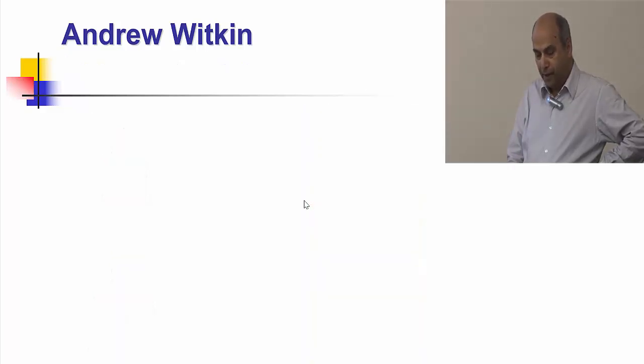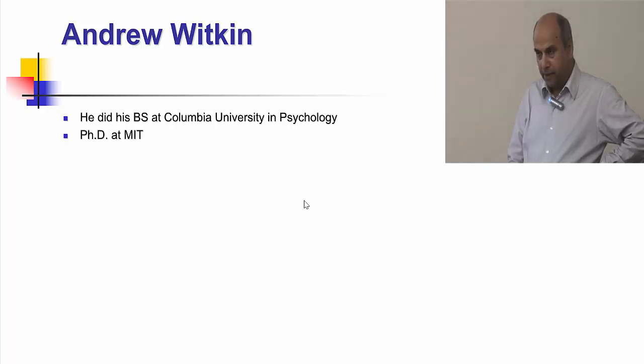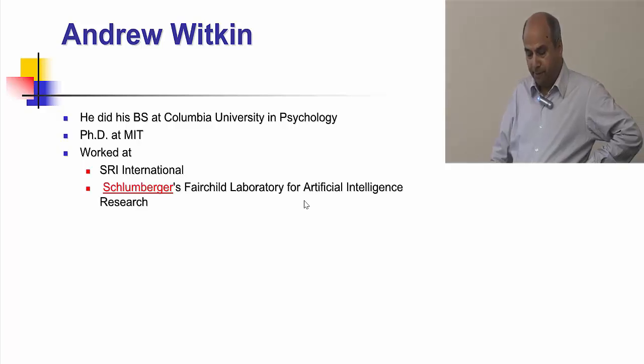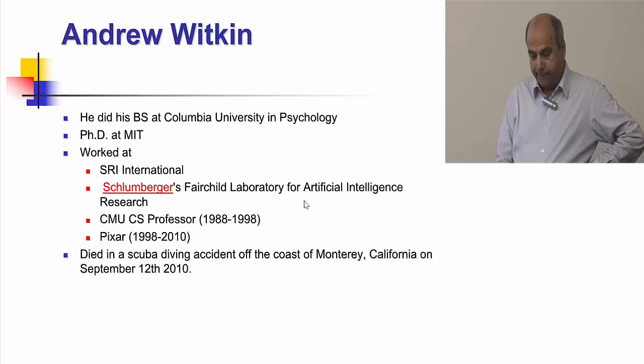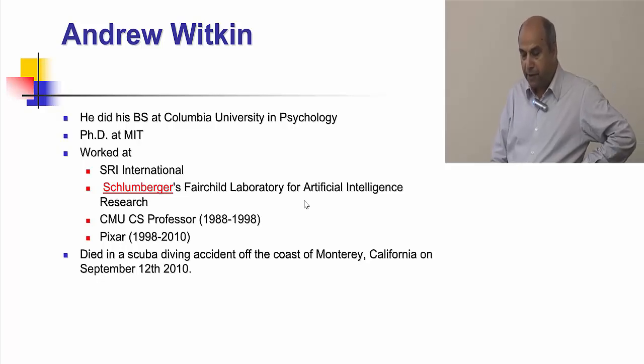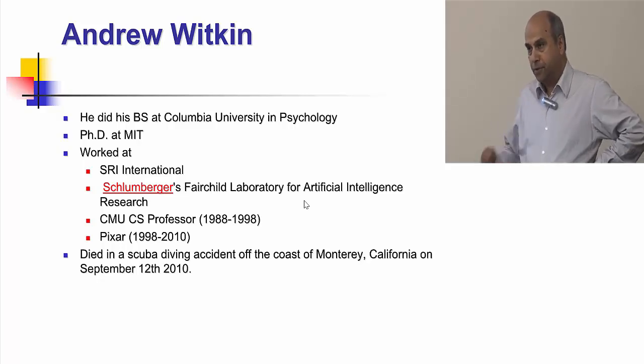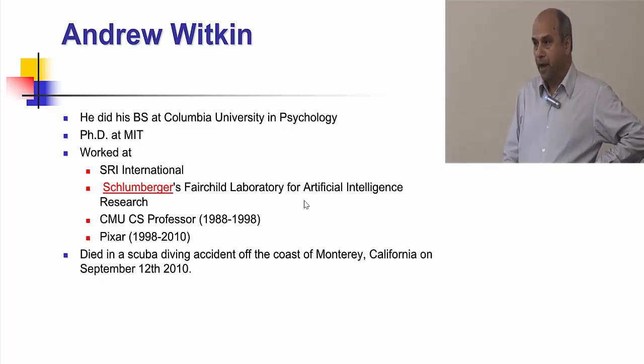Andrew Witkin did a BS at Columbia University in psychology, a PhD at MIT, worked at SRI and Schlumberger, and was a professor at CMU for 10 years. Then he went to Pixar, and unfortunately he passed away while scuba diving in 2010. It was a big tragedy for computer science and his family.